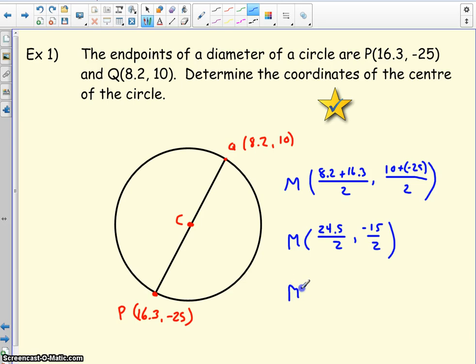Again, you can leave them as fractions or as decimals. If they are going to be fractions, simplify as much as you can. But let's do this one in decimals. 24.5 divided by 2 is 12.25, and negative 15 over 2 is negative 7.5. So these are the coordinates of the center. It's the midpoint halfway between the two endpoints of the diameter.